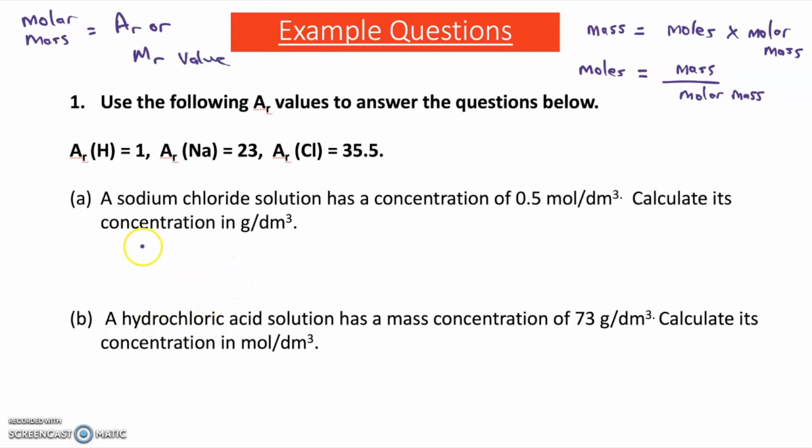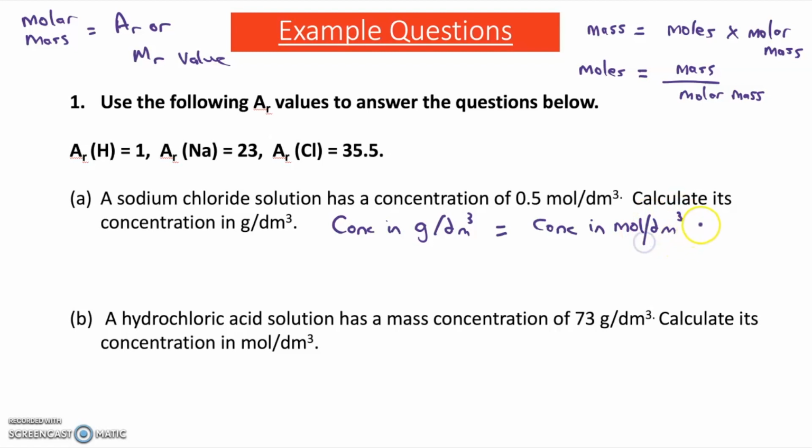So in question A, we have a sodium chloride solution which has a concentration of 0.5 moles per decimeter cubed, and we're asked to calculate its concentration in grams per decimeter cubed. So concentration in grams per decimeter cubed is equal to the concentration in moles per decimeter cubed, the moles, times the molar mass.